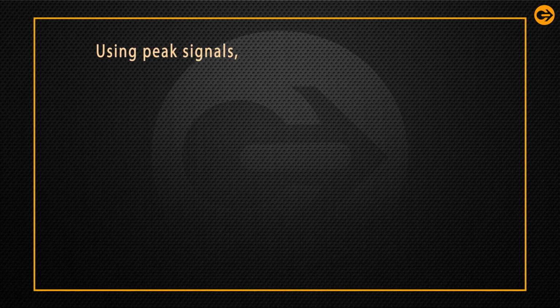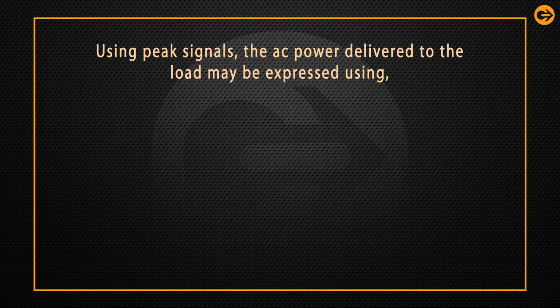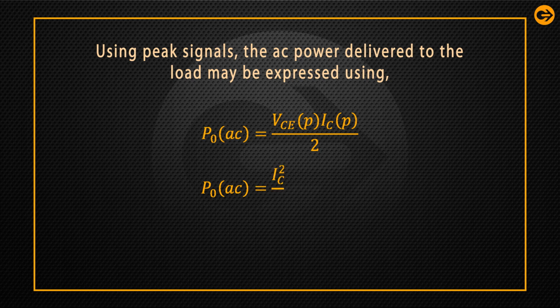Using peak signals, the AC power delivered to the load may be expressed as Po(AC) equal to VCE(p) multiplied by IC(p) by 2. Further, Po(AC) is equal to IC(p) squared multiplied by RC by 2. And then Po(AC) is equal to VCE(p) squared by 2RC.